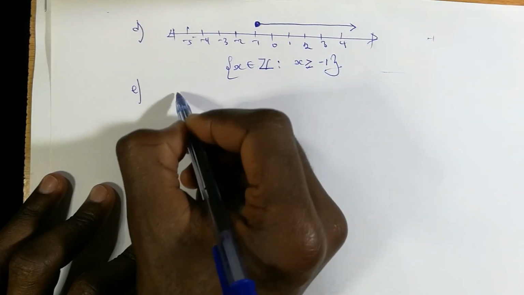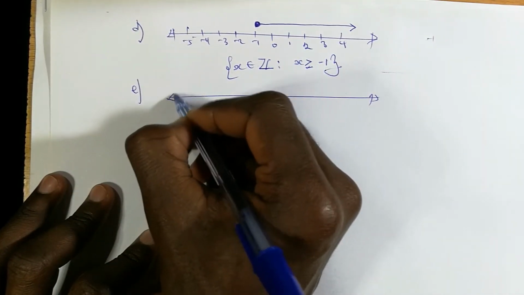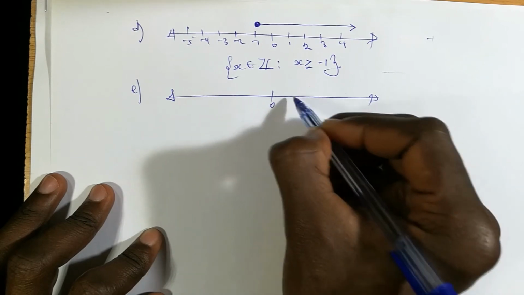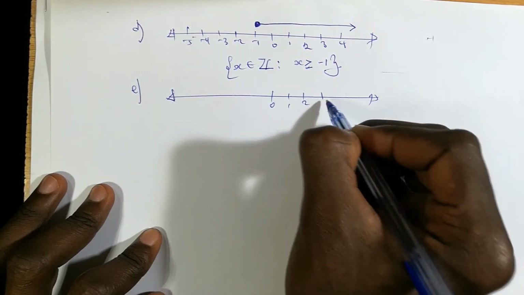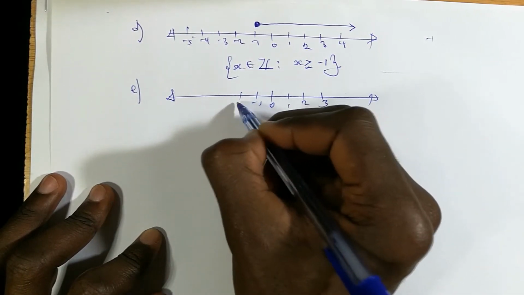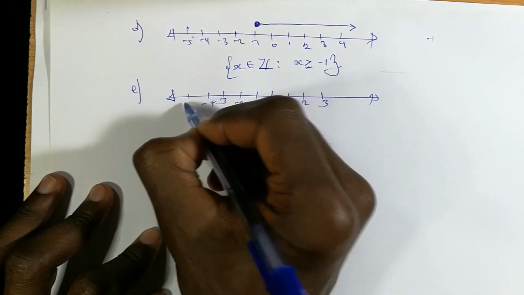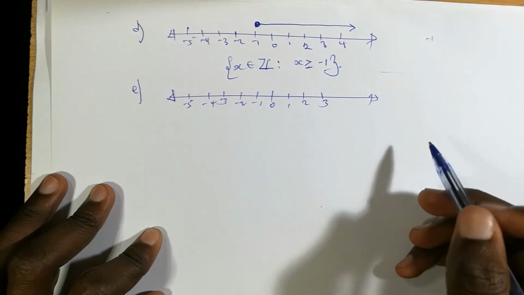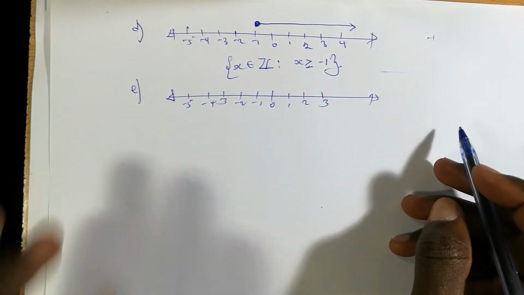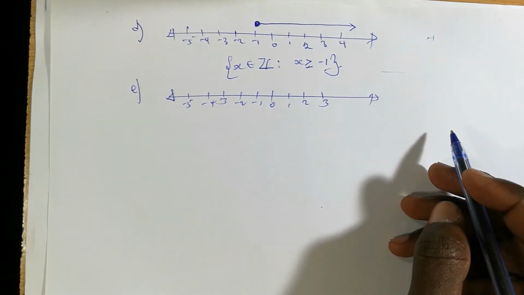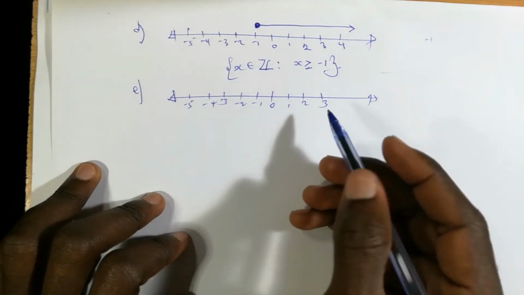One more about that. Here you have 0, 1, 2, 3, -1, -2, -3, -4, -5, and now let's say we have a number line.